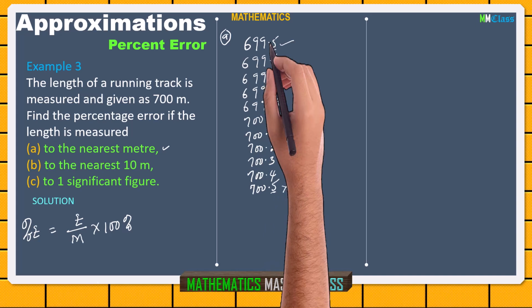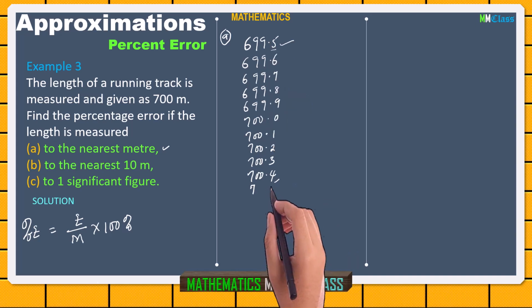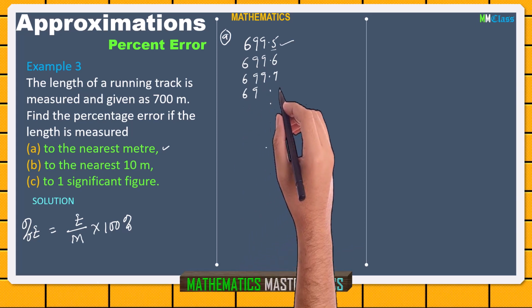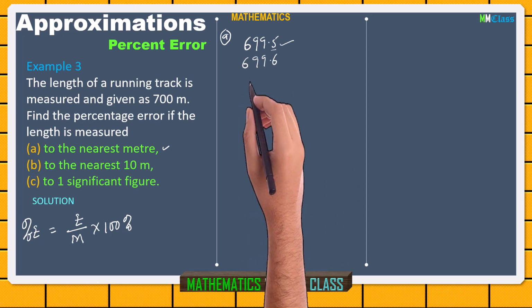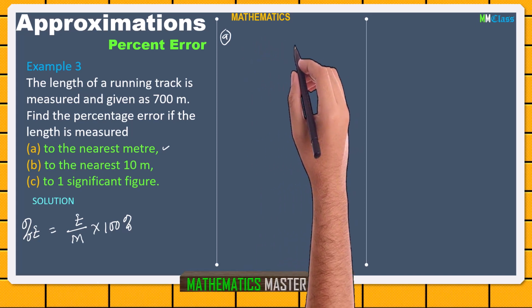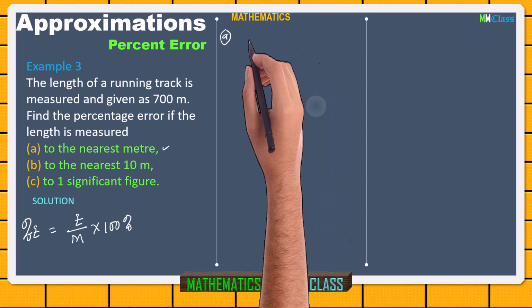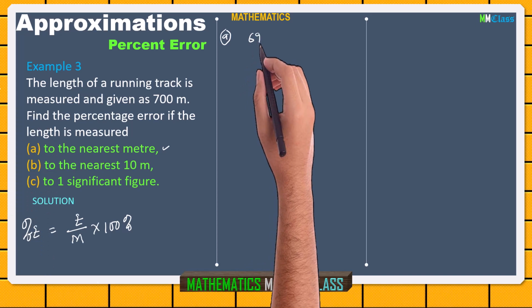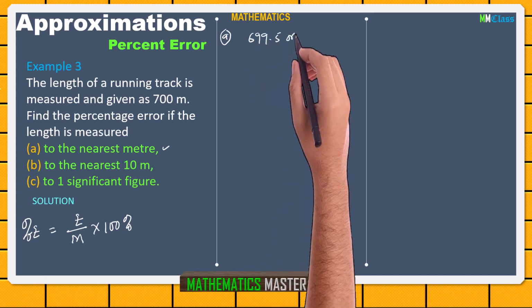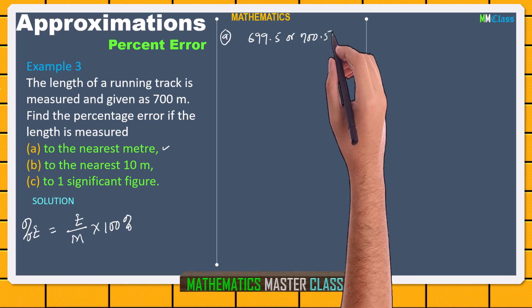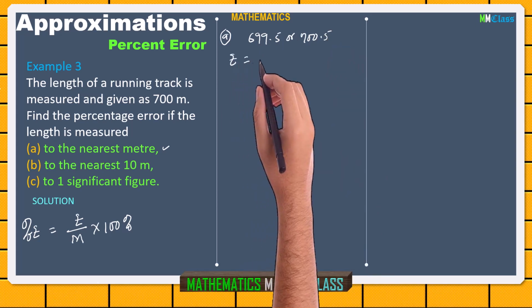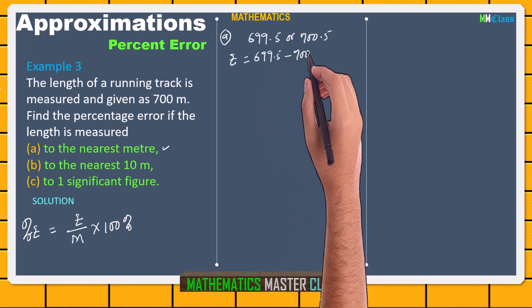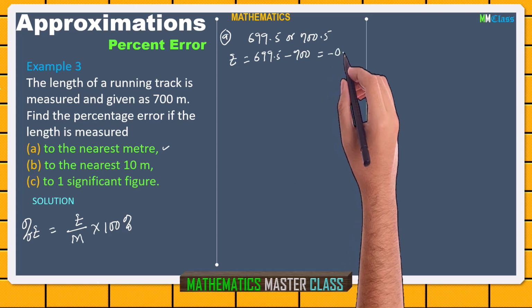So the values we are going to use here are the first and the last. The first one here is 699.5, and the last one is 700.5. So the range of values we are considering is 699.5 or 700.5, so that our error will be equal to 699.5 minus 700, and that will give us minus 0.5.